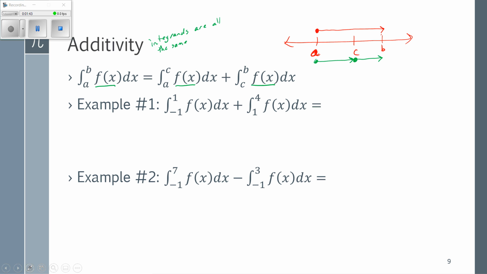The second thing we need to look at is noticing my bounds. Noticing that the lower bound of one integral is the same as the upper bound of the other integral.